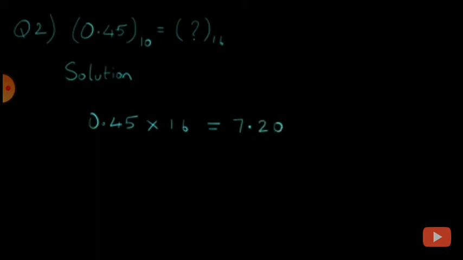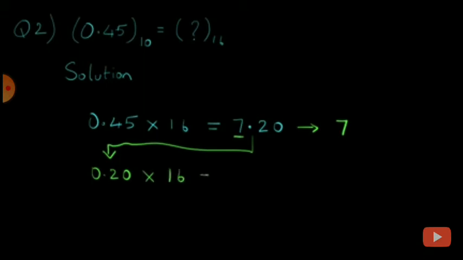Now here we are interested in the integer part, so we write it separately and ignore it for the next iteration. So for the next iteration we have 0.20, which again needs to be multiplied with 16 to get some answer. Now we carry on this process till we end up with value 0, or we get a repetitive pattern of numbers.